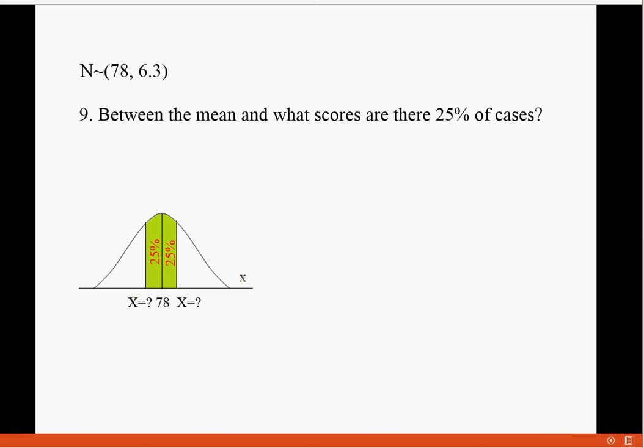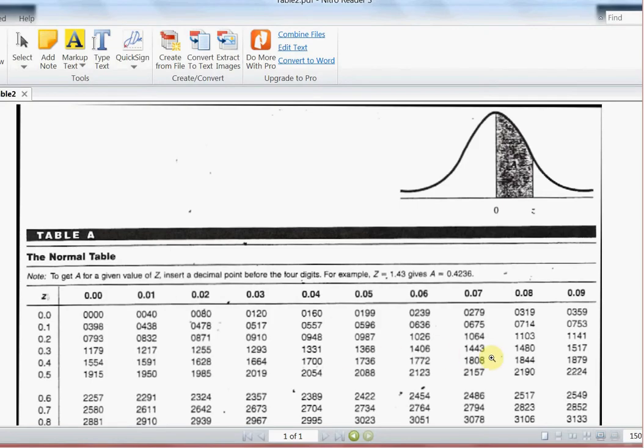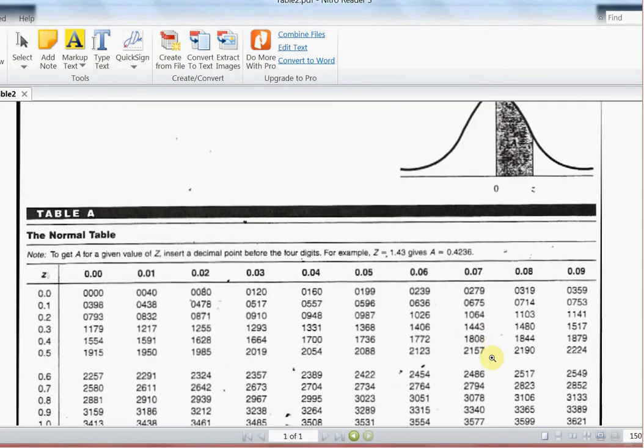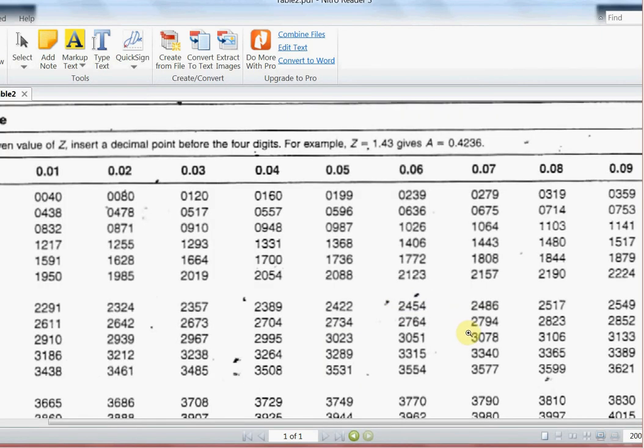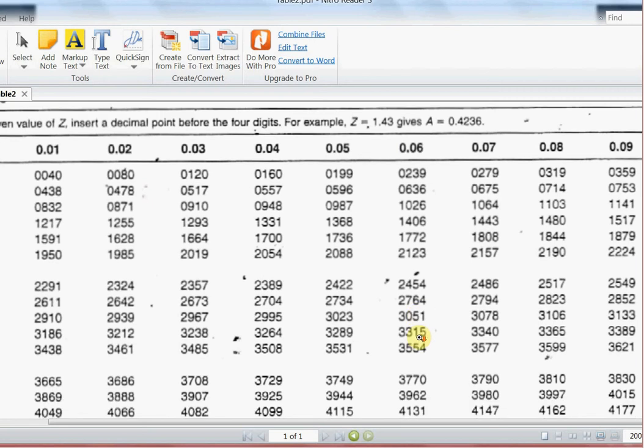Now let's go to the normal distribution table. Within this field, there are a lot of percentages. The percentage that we need now is 25%. We need to find within this table a percentage that is 25%. But here you can find that this value is 2486, not quite 25%.